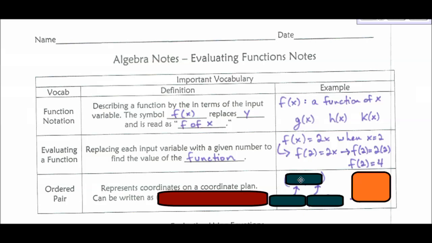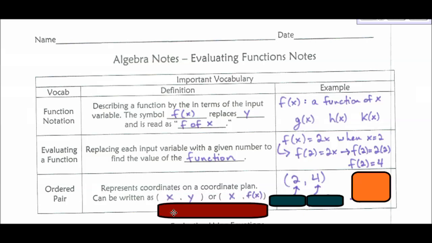Or, you could say this a different way. As coordinates, you could say we have the point 2, 4. Remember, this is really just representing y. The whole thing, the f of 2, is saying y equals whatever this is. So the y coordinate is 4. The x coordinate, the number we plugged in, was 2. And that's how we represent coordinates. We write them in two different ways here.